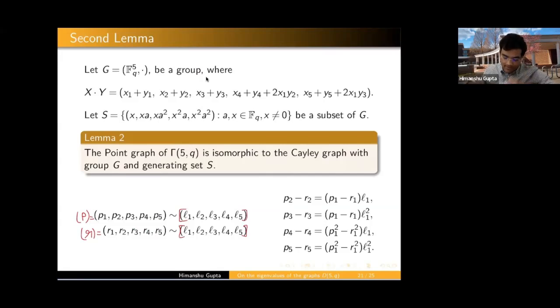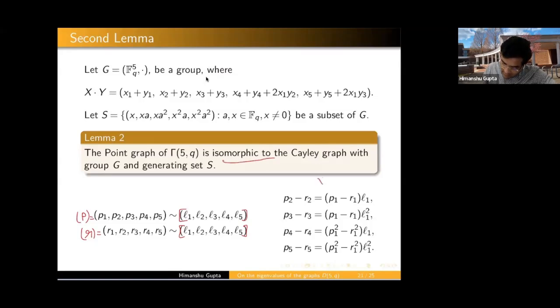If I look back at the equations, this has to satisfy this one and this one. If I subtract them from each other, I get this system of equations: P2 minus R2 is P1 minus R1 times L1, L1 squared, P1 squared minus R1 squared times L1, and so on. One can check, with a little bit of work, that this is actually true.